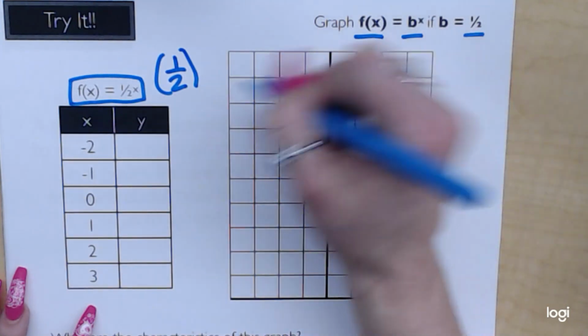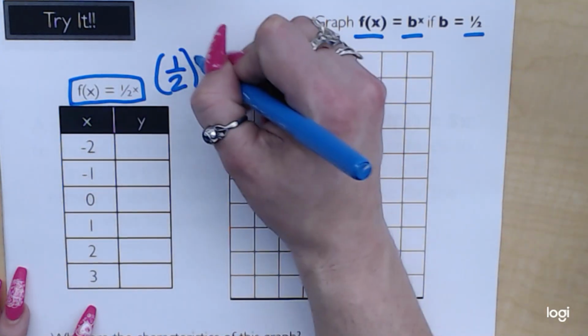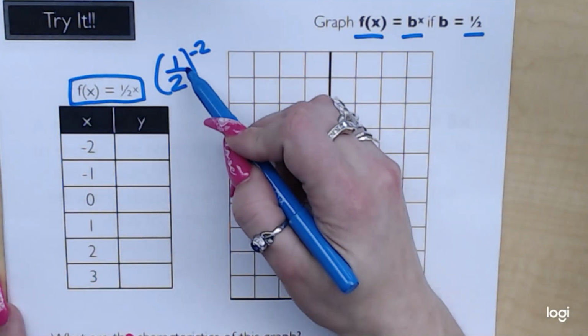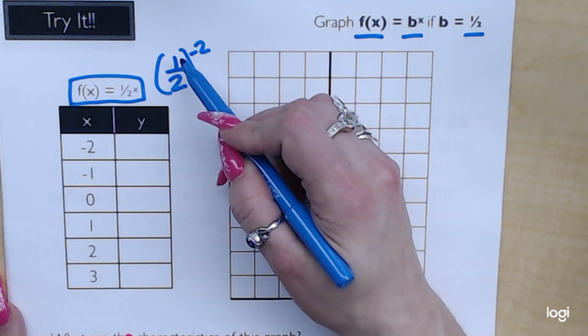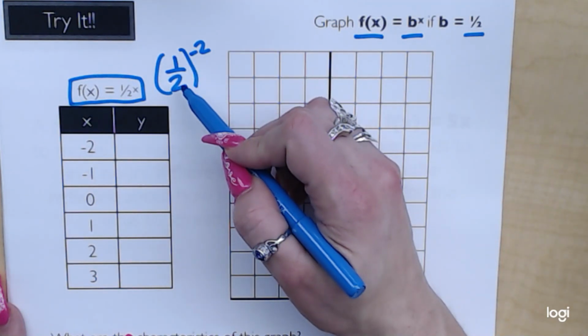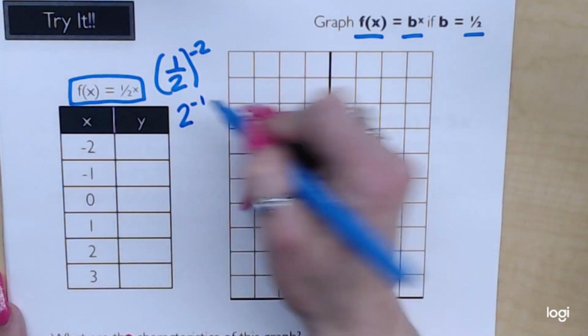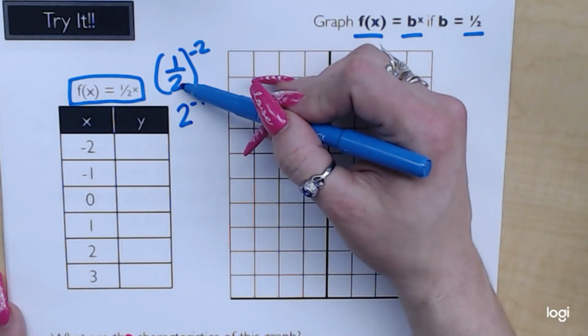Here's 1/2 to the power of x when x is -2. Well, remember that if a base is already written this way, we can think of it as being written as 2 to the power of -1. That's what 1/2 is.